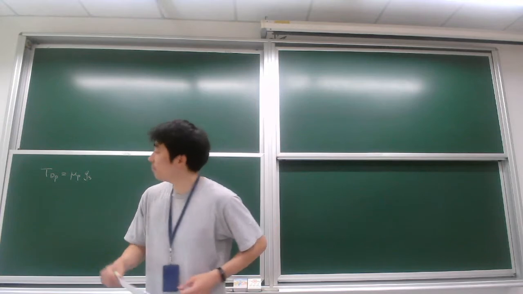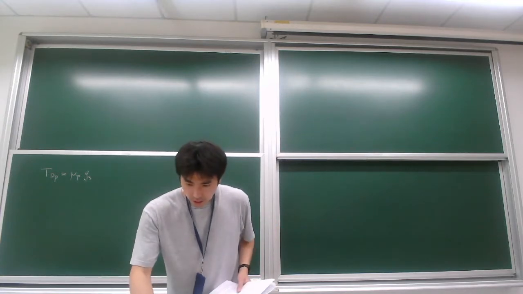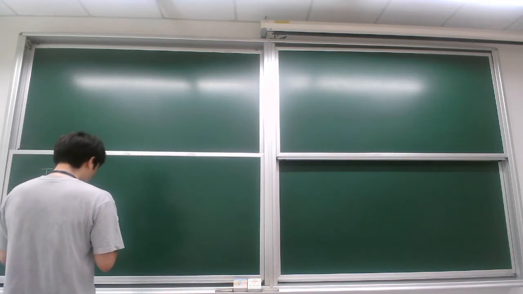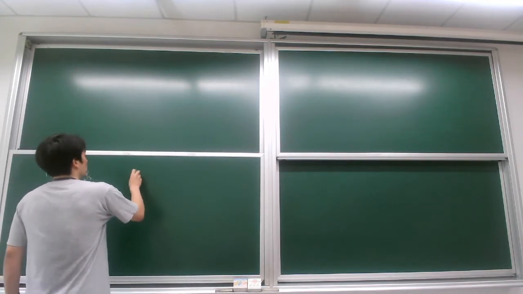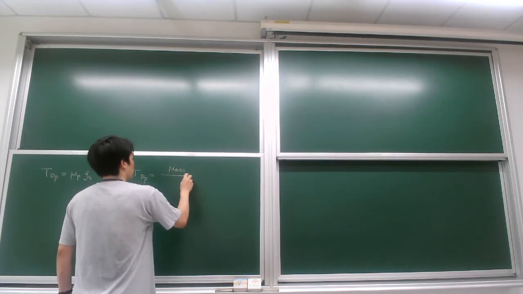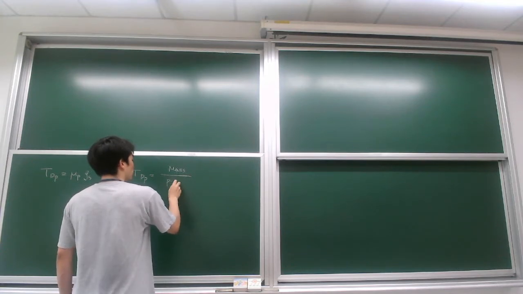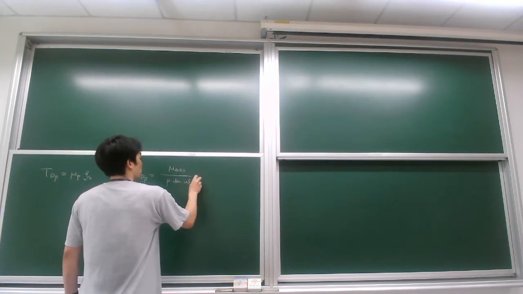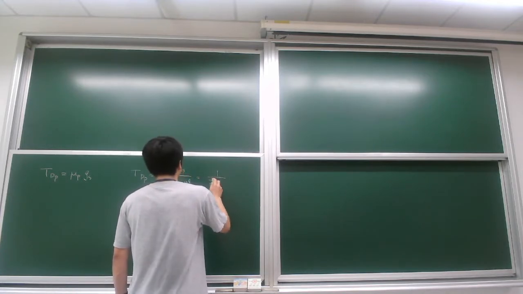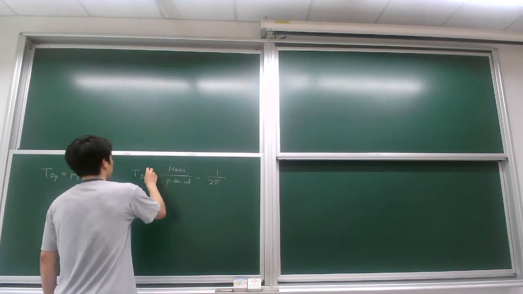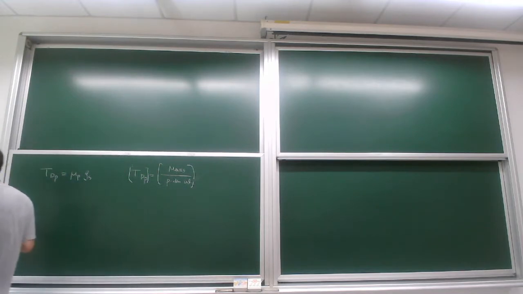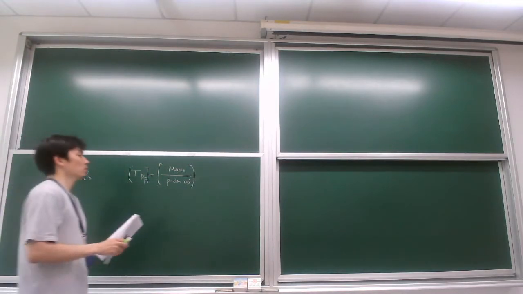This is the correction, and also for the different tension: the tension of a Dp-brane is the mass divided by the p-dimensional volume.